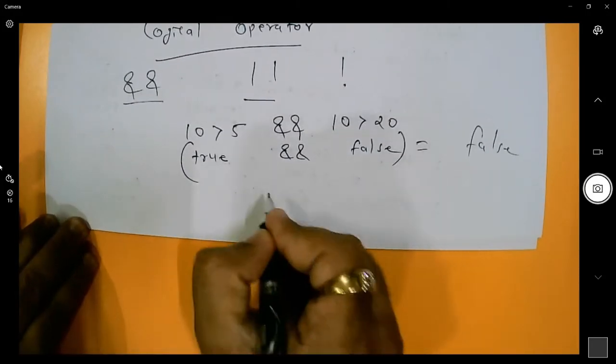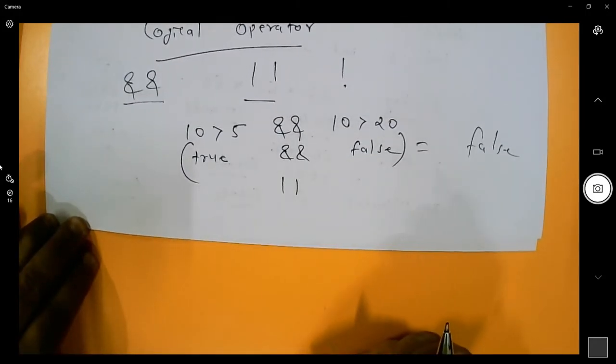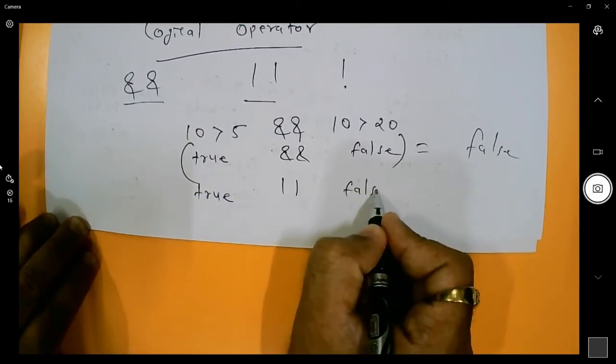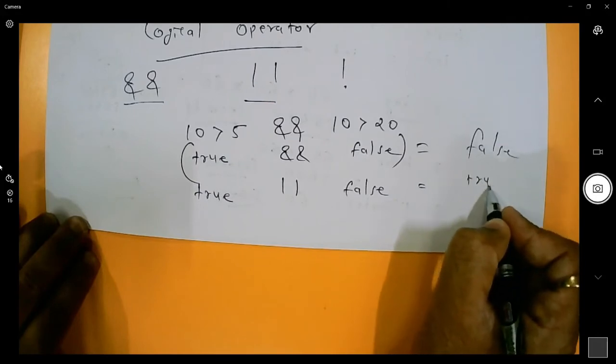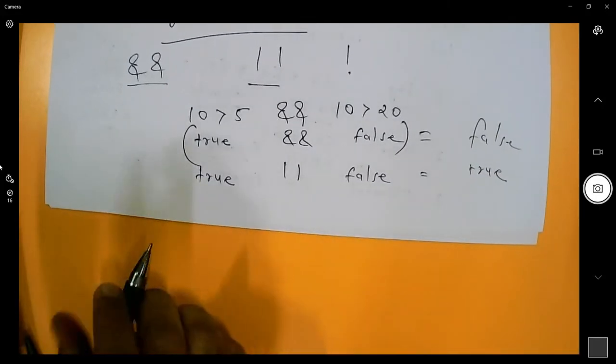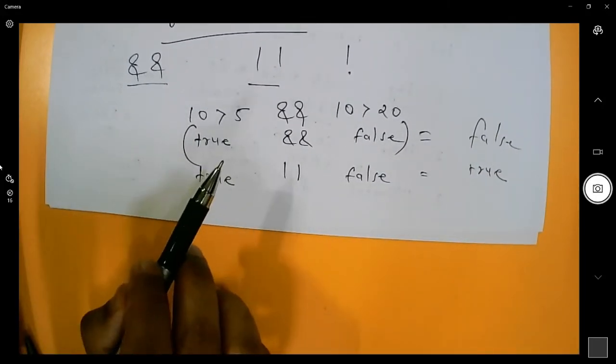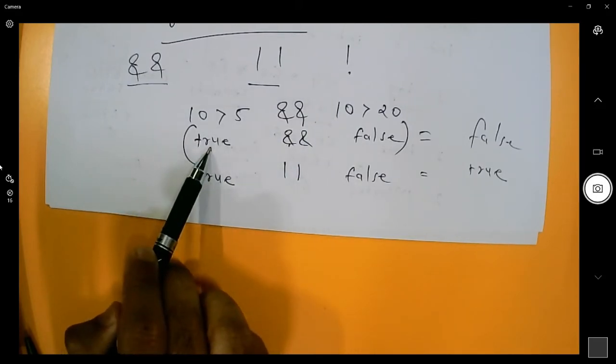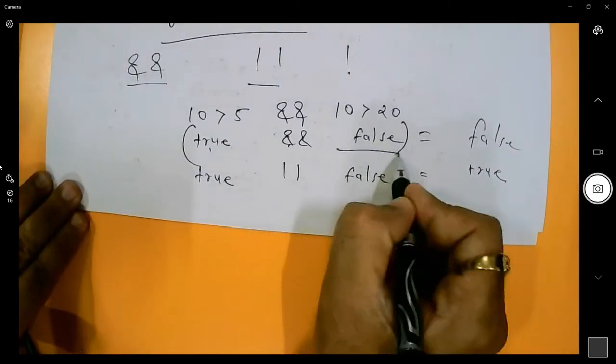But if it is an or, then even if one condition is true and another is false, it will return true. One more thing you need to take care of: whenever you are evaluating the AND, if the first condition is false, then it will not check the rest of the conditions.